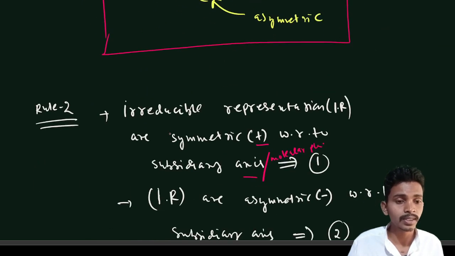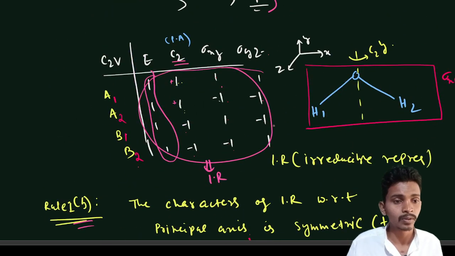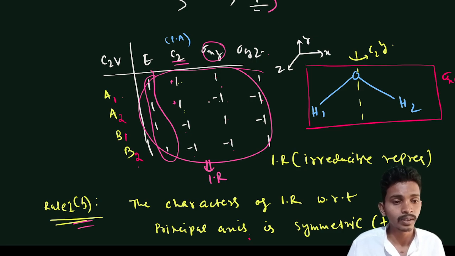And rule 2 says if irreducible representations are symmetric with respect to the subsidiary axis, if present, otherwise the molecular plane, then 1, and if asymmetric with respect to the subsidiary axis, then 2. So here for water we don't have a subsidiary axis, but we have the molecular plane. So if it is 1 then 1, if it is minus 1 then it is 2.